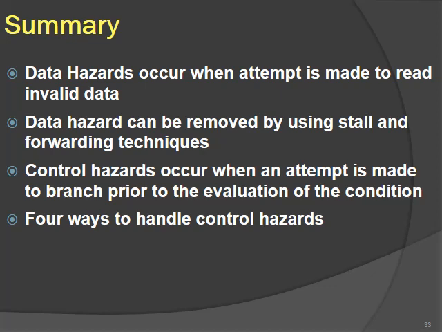So in this lecture we have discussed types of hazards, their occurrence in the pipelining process, how pipelining can be affected by these hazards, and how these hazards can be controlled by using multiple solutions. We have discussed different solutions for structural hazards, data hazards, and control hazards.